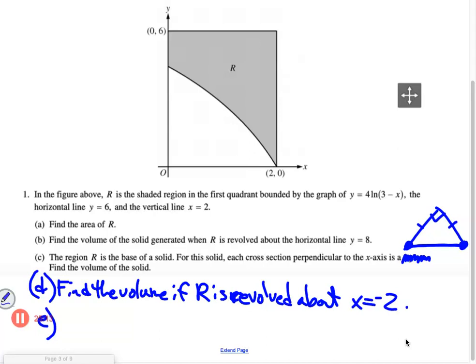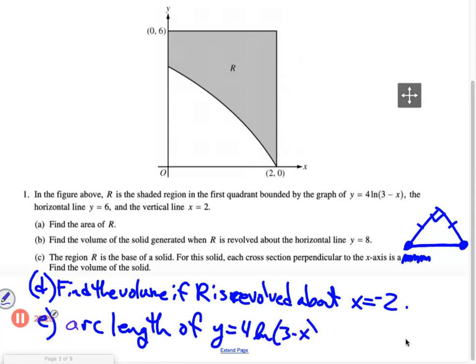For part E, just for the heck of it, I want you to find the arc length of y equals 4 ln(3 minus x) over the interval from 0 to 2. All right, you've got 5 parts to do. Take about 10-ish minutes or so. See what you can do with this.